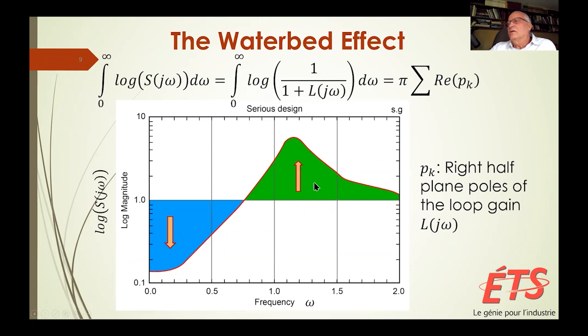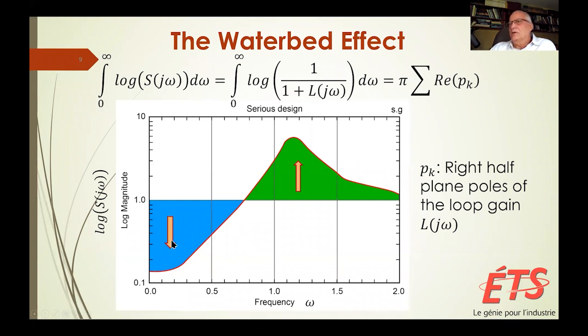This upper bound is going to give me the same area, but the area is going to be extended at higher frequencies. Why? Because today we have sensors which have very high frequencies. We have DSP, which allows us to take care of a higher bandwidth. So if we take this green area and flatten it more on the higher frequencies, it's possible to have good sensitivity.